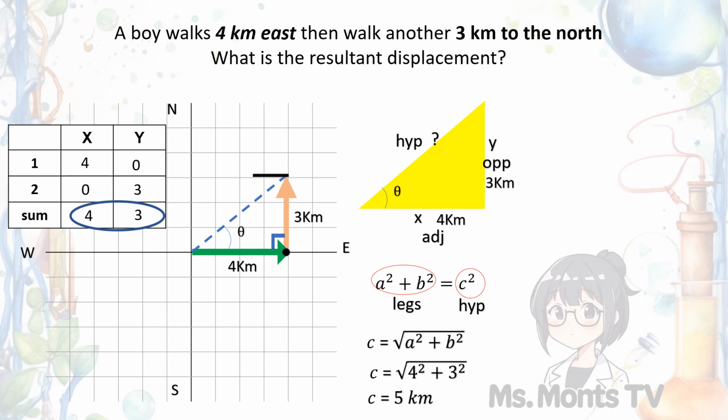How about the angle? We'll use SOHCAHTOA. This time, the hypotenuse is missing. So we're going to use tangent, opposite over adjacent, because this time, opposite and adjacent are given.